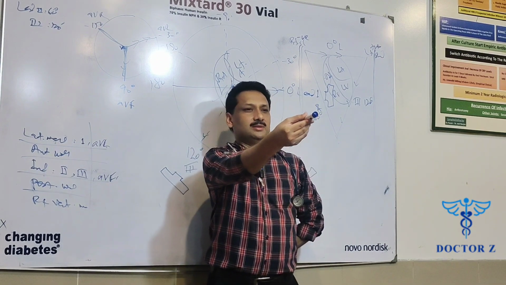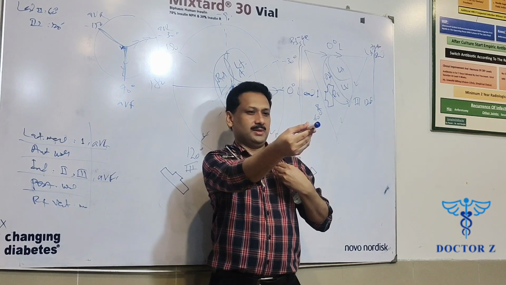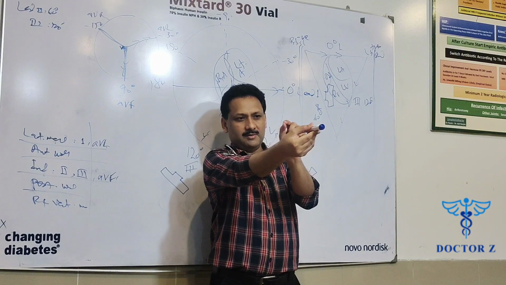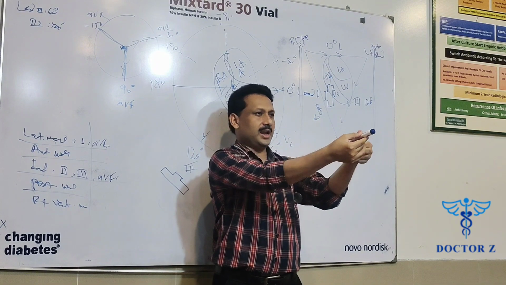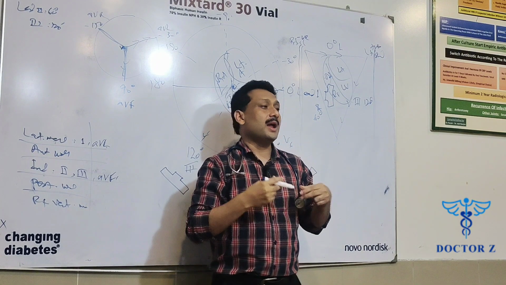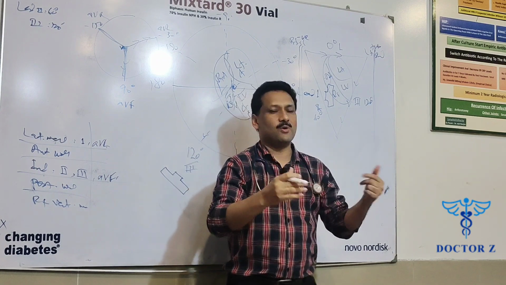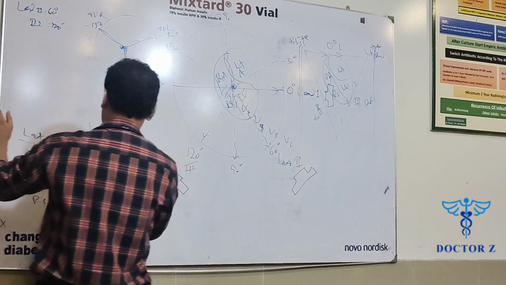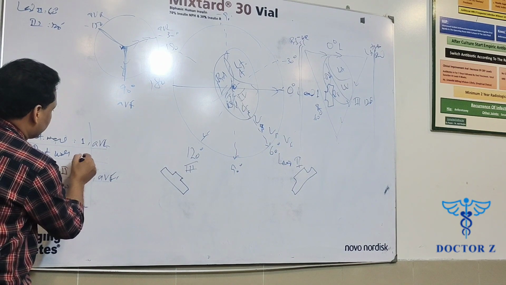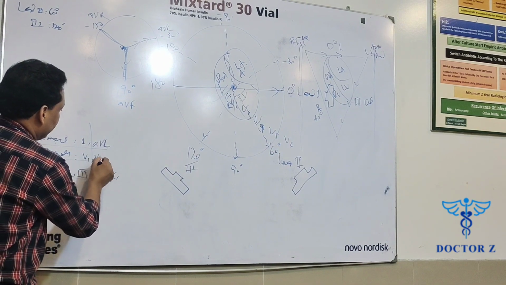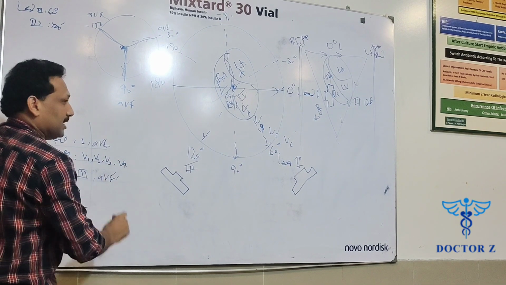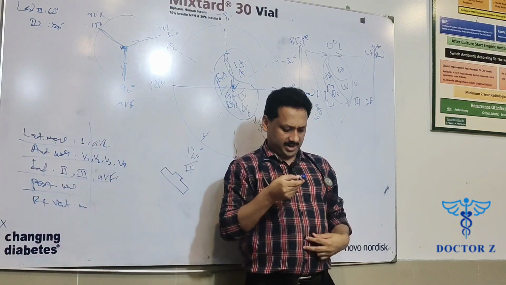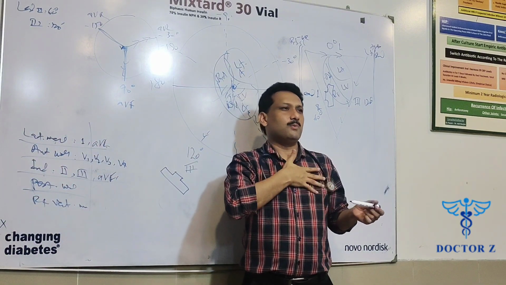Now the camera is here. What will it be seeing? Cameras V1, V2, V3 and V4 will be seeing my anteroseptal wall. So if somebody asks you how you would see your anteroseptal wall, you will say, sir, V1, V2, V3 and V4. These are the four cameras placed right here. They are seeing my anterior wall.